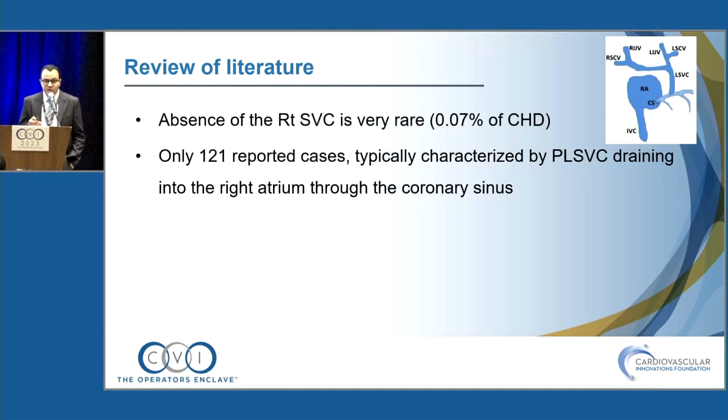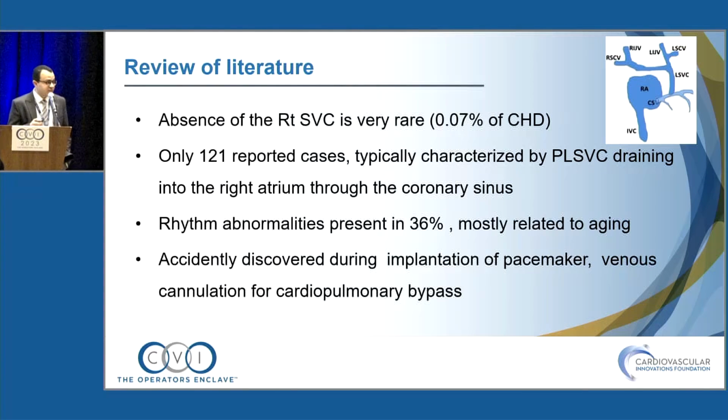So, a quick review of literature. Absent superior vena cava is a very rare congenital heart disease, representing less than 0.1%, and almost always accompanied by persistent left superior vena cava. One third of these patients present with rhythm abnormality, and this anomaly is accidentally discovered while attempting to insert a pacemaker wire, like in our case, or even in more complex cases, while attempting venous cannulation during cardiopulmonary bypass.